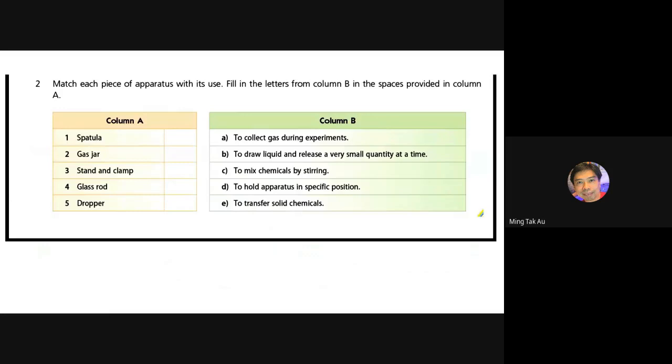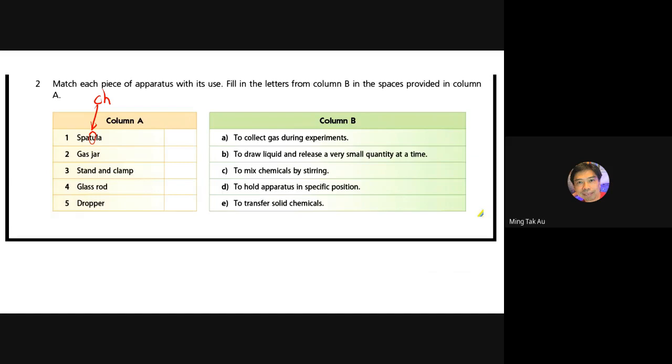Question 2. Number 1, spatula. You find the spatula. Don't pronounce the T like a T in spatula. Tell me your answer.